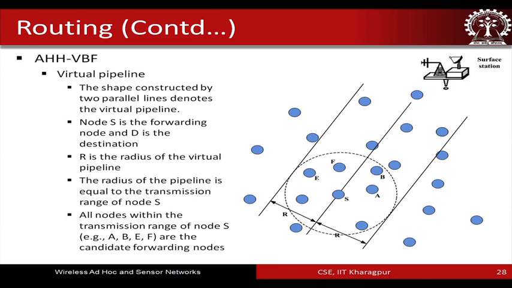It has a radius r, which is the radius of the virtual pipeline, and the radius is made equal to the transmission range of the node S. So, all nodes within the transmission range of node S, in this particular case A, B, E and F, are the candidate forwarding nodes.